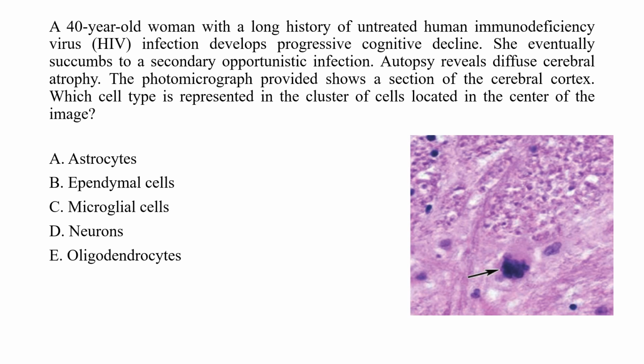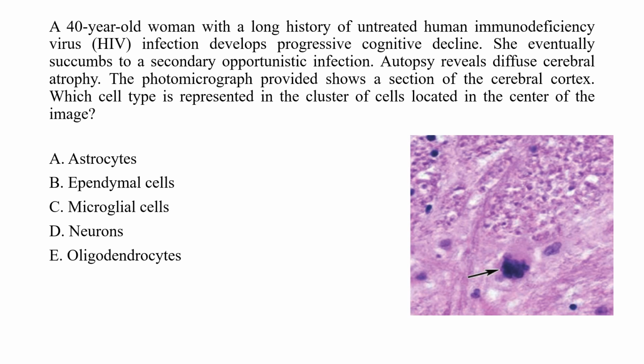And finally, pay close attention to the photomicrograph and the cluster of cells. This should prompt you to think about which cell types are typically involved in AIDS-related brain damage, particularly in cases of HIV infection. And understanding these aspects will guide you to the correct answer.